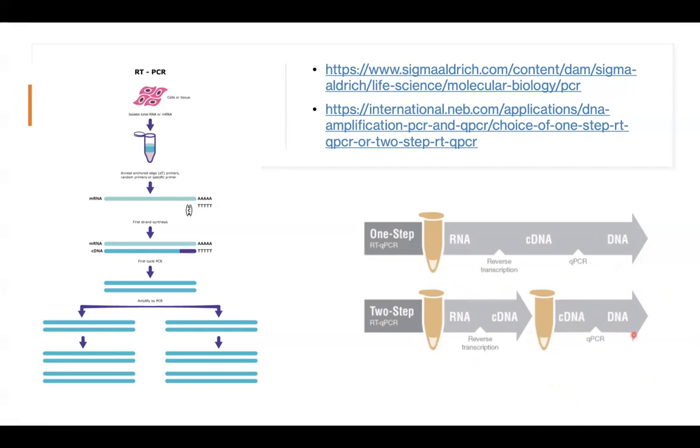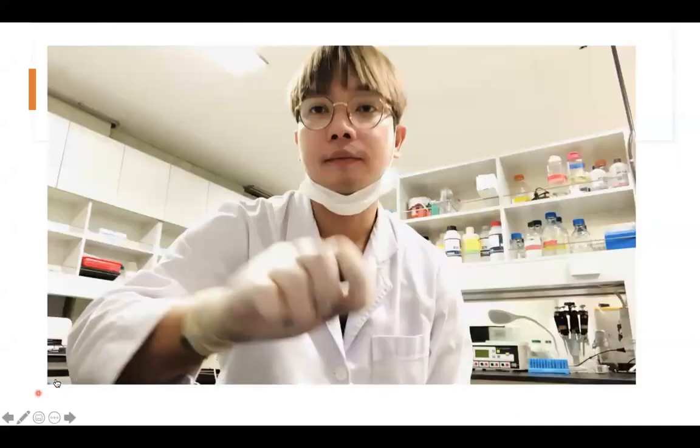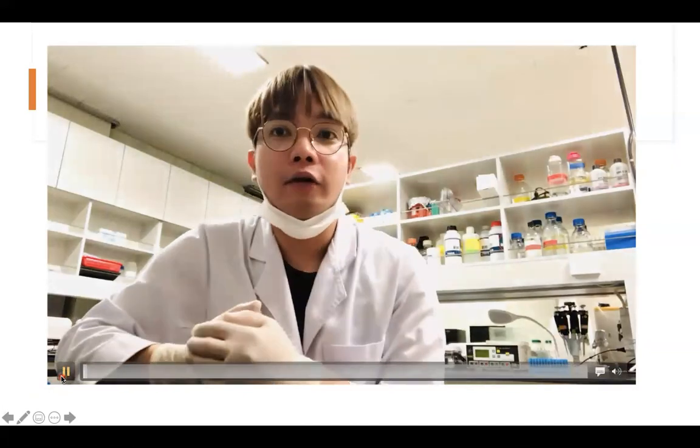So, second question. Anong benefits ng one step? Anong advantage ng one step and two step? And ano naman yung mga disadvantage ng one step and two step RT-qPCR? Okay?